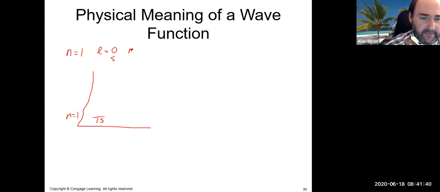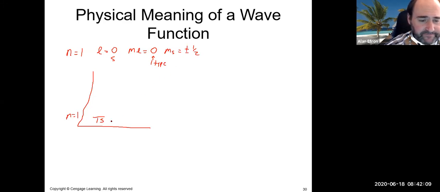What that means is when we go to m sub L, it could go from minus L to 0 to plus L. So we will get a value of only 0 for that particular one. That also tells us that we only have one type of s orbital here. And in this case, the m sub s could be either plus or minus 1/2.